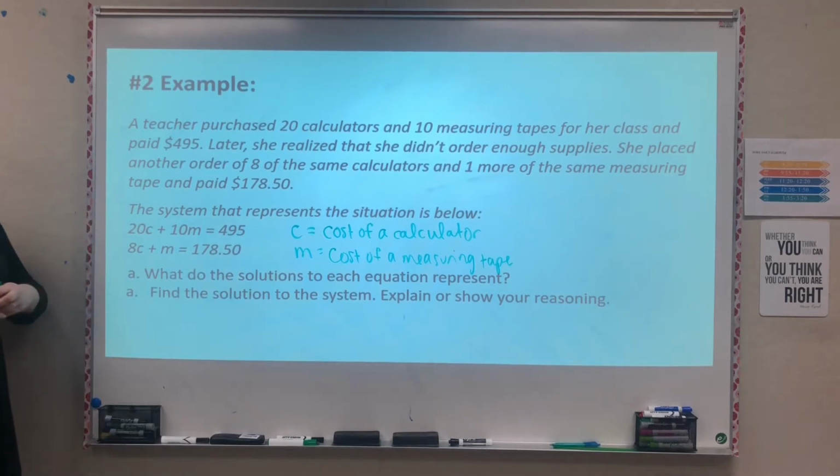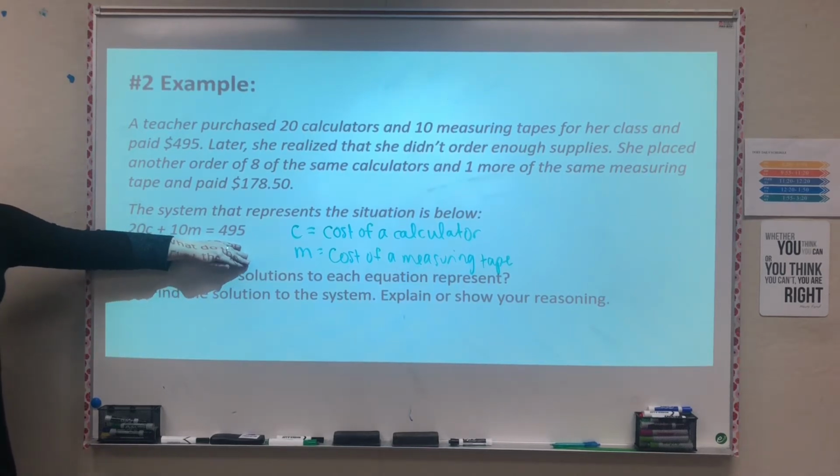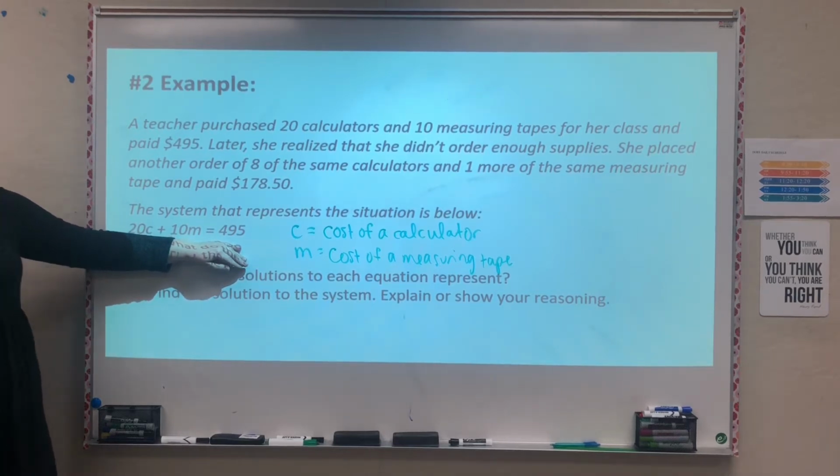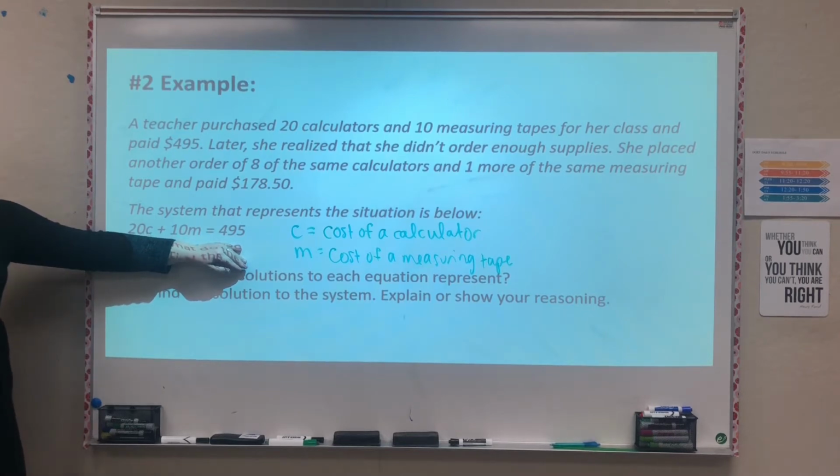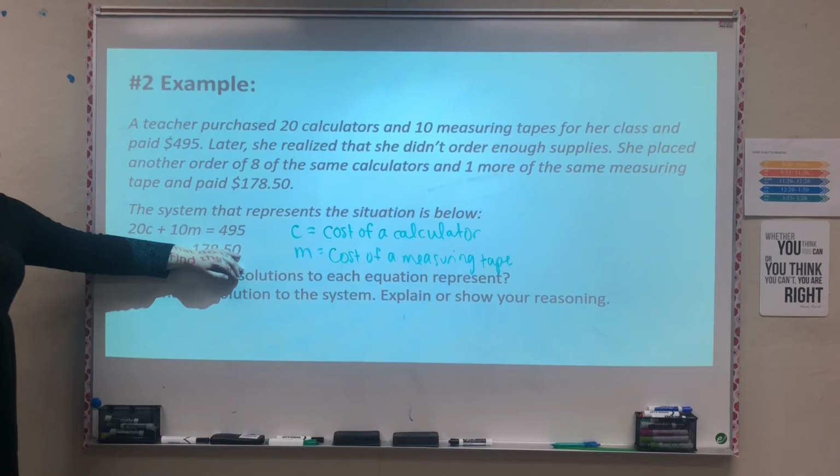Yeah. How many possible solutions are there for this one equation here? One. For that? Well, I guess there's infinitely many. So you switched from one to infinitely many. Tell me why. Well, no, there's not, because if you're buying specifically 20 calculators and specifically 10 measuring tapes, and it specifically equals $495, then the price for each of them has to be a specific number.